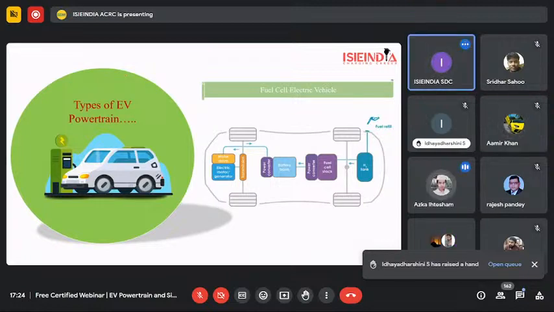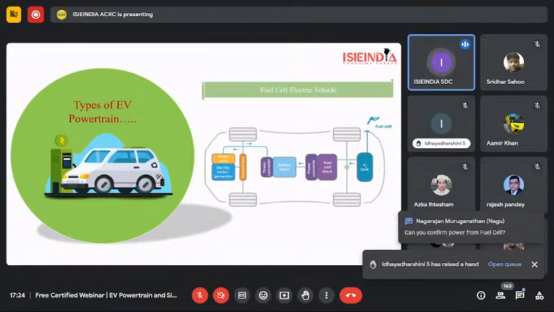To my knowledge, it's with our road and transport minister, who also has a Toyota Mirai, and in Kerala, at the RTO, there is also one Toyota Mirai.